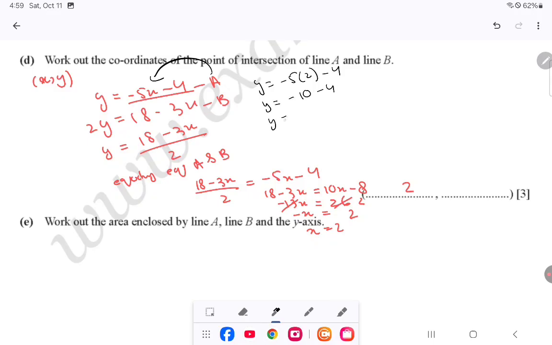Sorry, this one is positive 5. So 10 minus 4 is 6. So the value of y is 6 and the value of x is 2. x comma y.